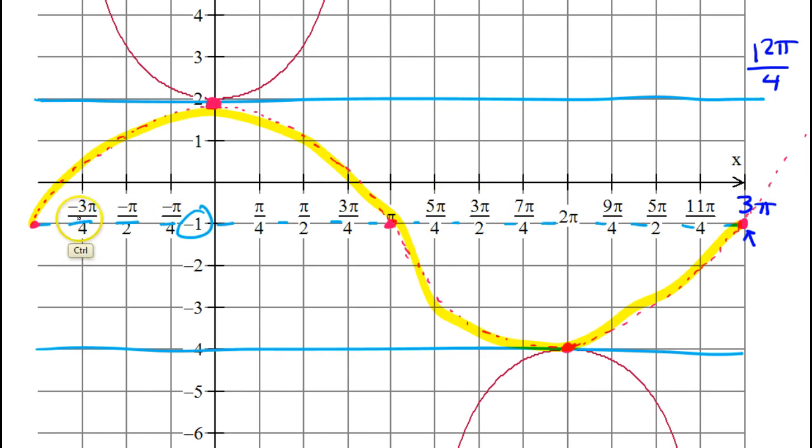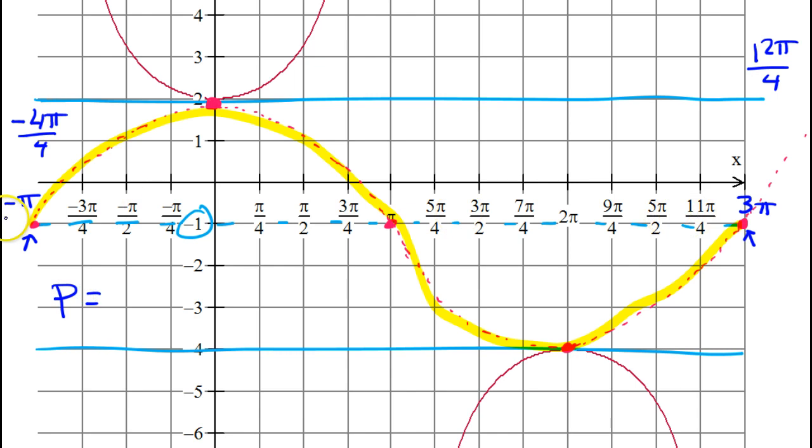Similarly, here I've got negative 3 pi over 4. If I went one more time, that would be negative 4 pi over 4. But wouldn't that be negative pi? So this guy right here would be negative pi. So look guys, if I'm going from negative 1 pi to positive 3 pi, how far apart is that? I'm hoping you could tell me just by common sense.